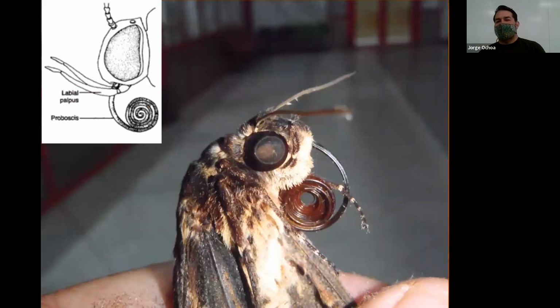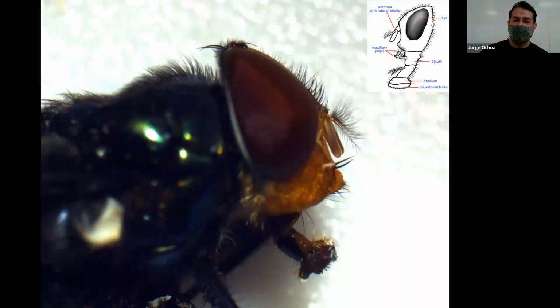Or if the insect has a liquid diet, such as a butterfly, then the mouthpart is going to be modified into a proboscis. So now it's a very long straw that the butterfly is going to be able to insert into the flower and drink the nectar from flowers. So now this is a modification for a liquid diet.